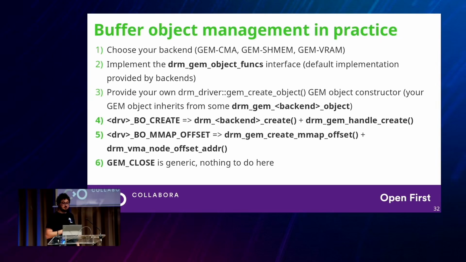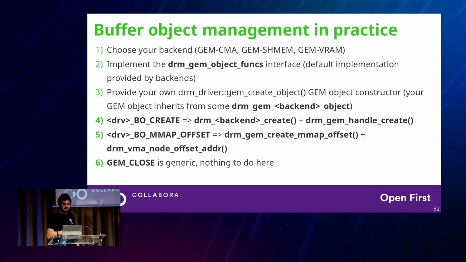So for buffer management in practice, you pick the component that matches the type of RAM you're using. You have a bunch of functions to implement. These are all the GEM object functions interface. Most of them have a default implementation, so unless you really know that you don't want to use the default implementation, you should rely on the default one.